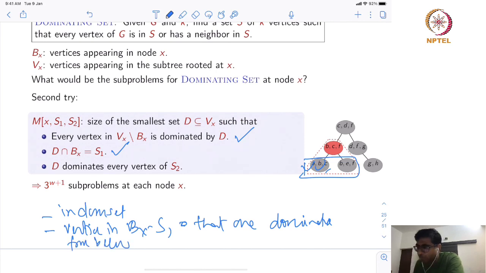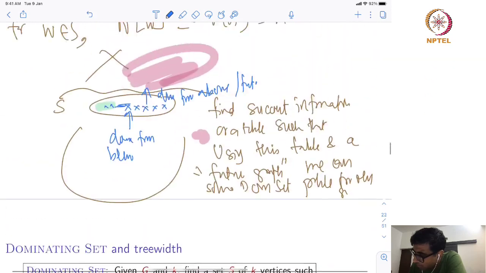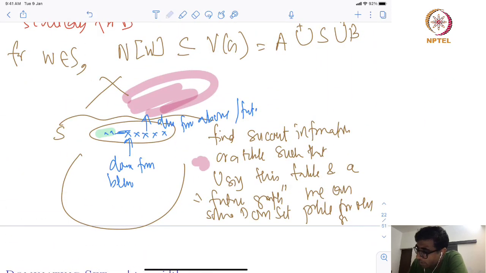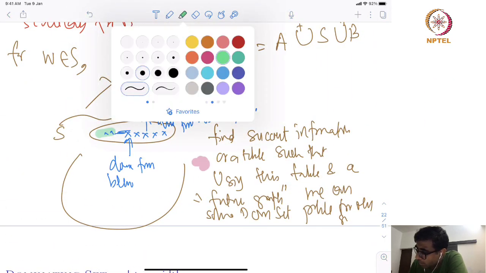So they are not part of the dominating set, but they are dominated by vertices in Vx. So in particular, they are dominated by D. And the vertices in Bx minus S1 union S2 are those vertices in this picture which we do not care about dominating now, because they will be dominated from the future.